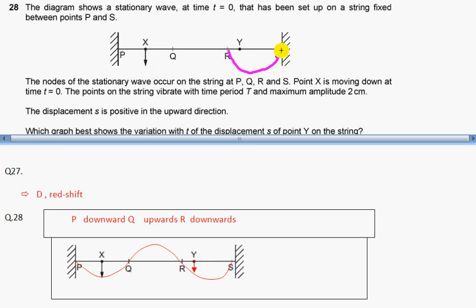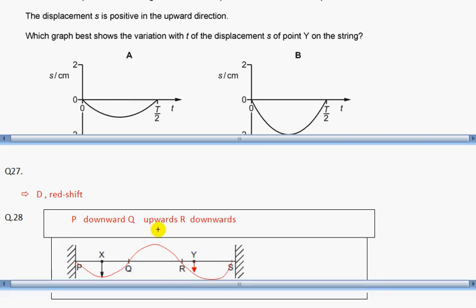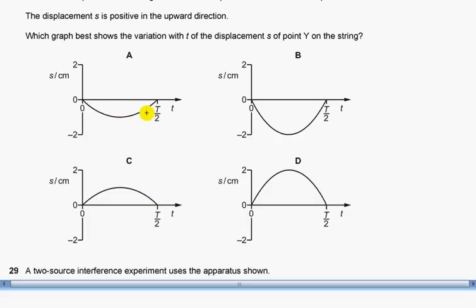So we choose the graph where the positive part moves, no, negative moving down, with amplitude less than 2 centimeters. So we choose answer A.